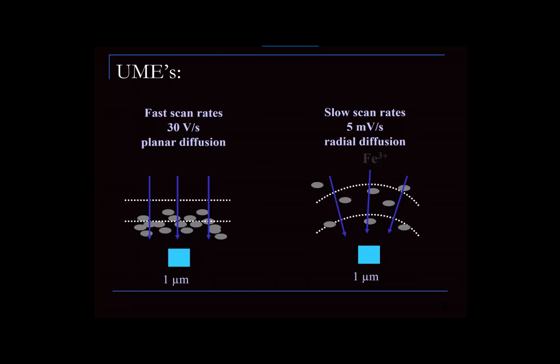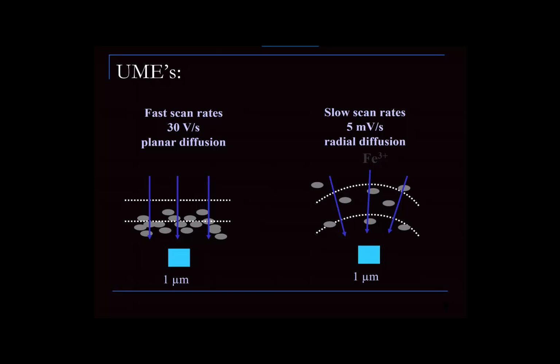And so one trick, or one way around this problem, is to move to smaller and smaller electrodes. And when you do that, you actually change the mode of mass transport from what's referred to as planar diffusion to radial. So in this slide, I want to show you that.